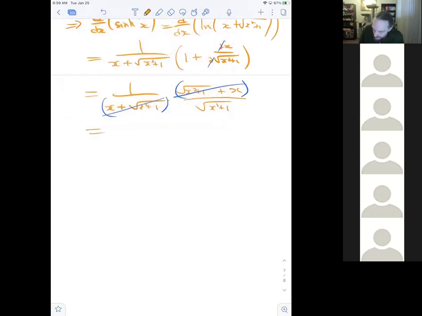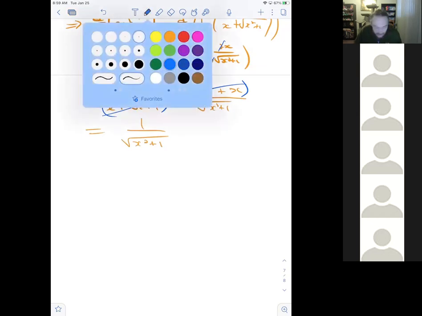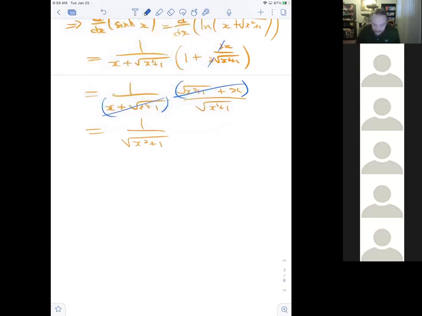And we get just 1 over the square root of x squared plus 1. So what does that say? That says that the derivative with respect to x of inverse sinh of x is equal to 1 over the square root of x squared plus 1.